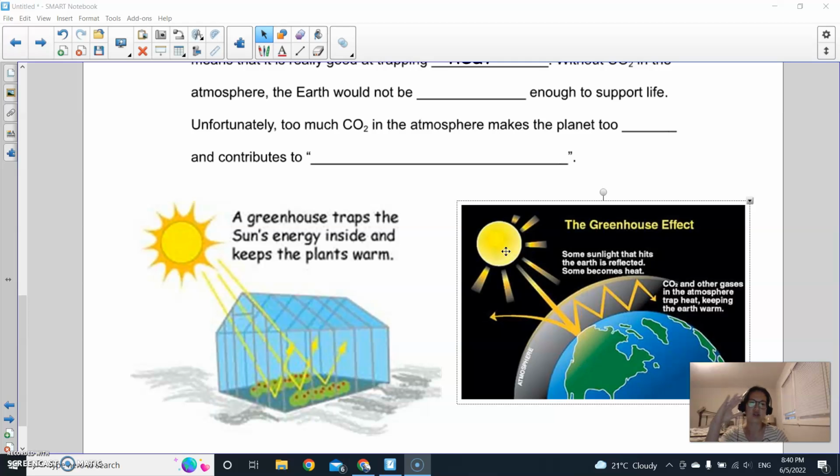The sun's rays come in, and when they hit these greenhouse gases like carbon dioxide, which we create by burning fossil fuels, it creates a blanket of atmosphere that traps all the heat. The heat bounces around off the atmosphere and gets trapped, so that the Earth cannot cool itself down as effectively. This is what causes the disruption. This is the greenhouse effect.